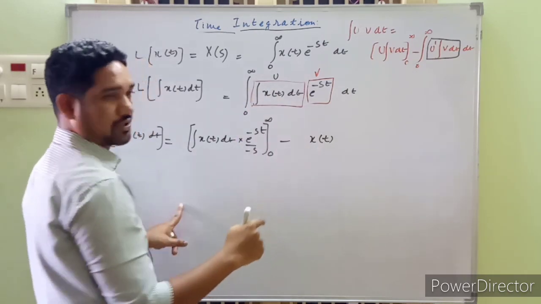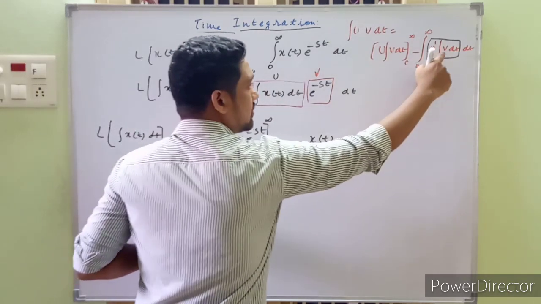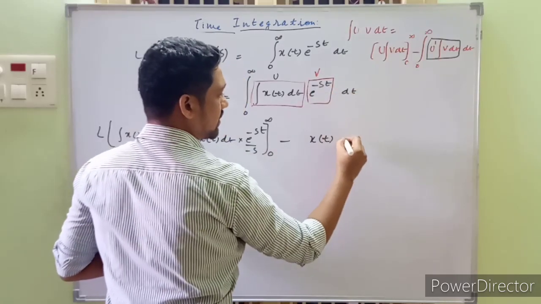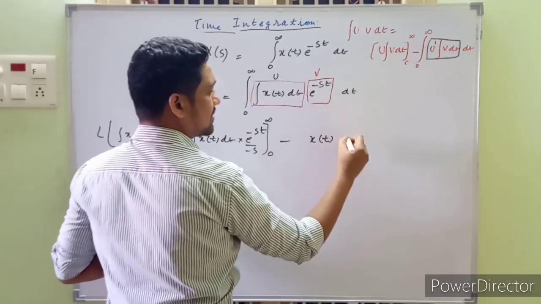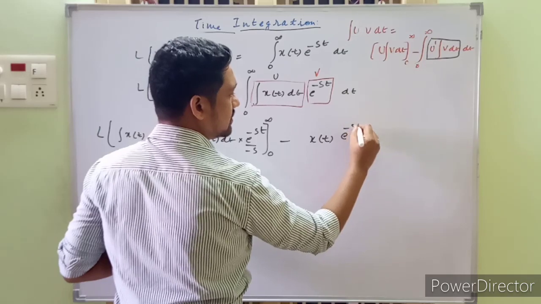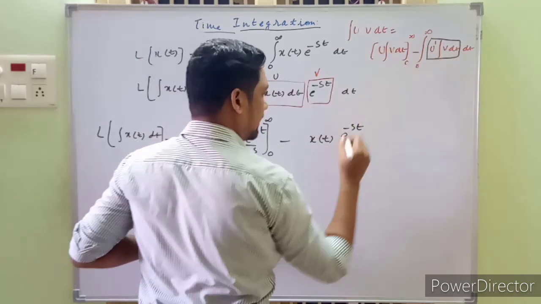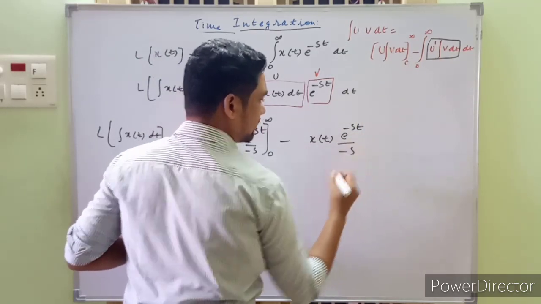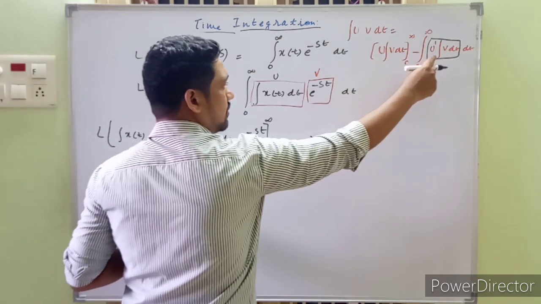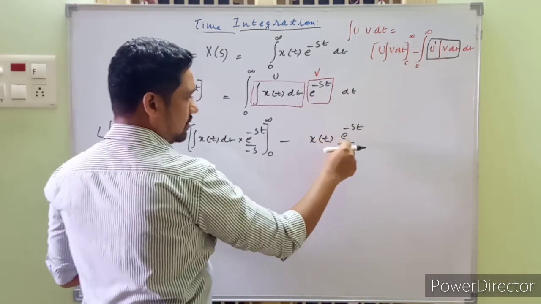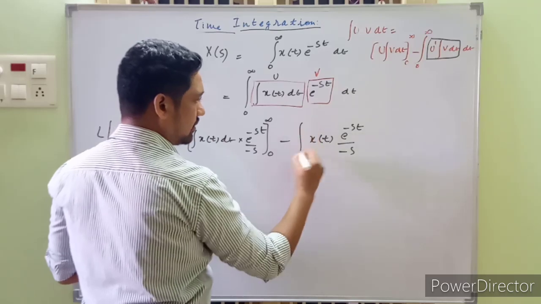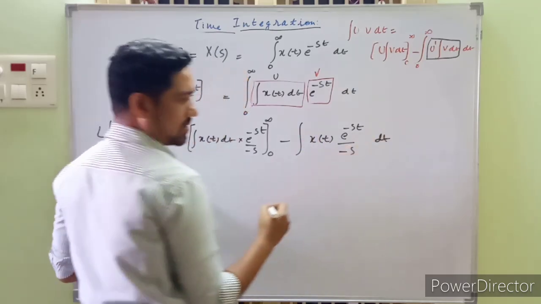And then the integral of the second function, once again the integral of e raised to minus st with respect to t, so minus s comes down. And as I told you, in the UV rule this product should be integrated with respect to t once again.